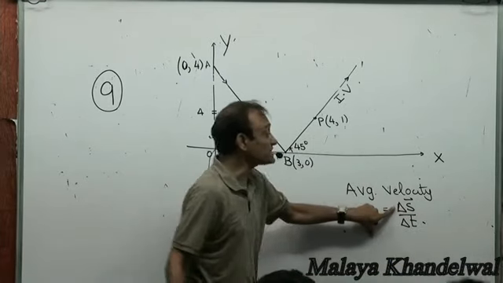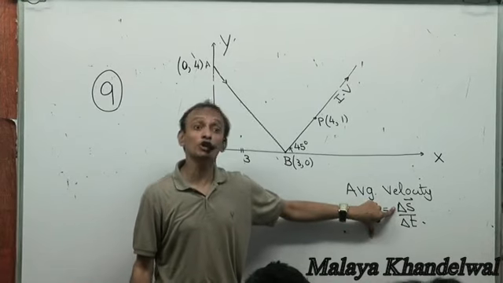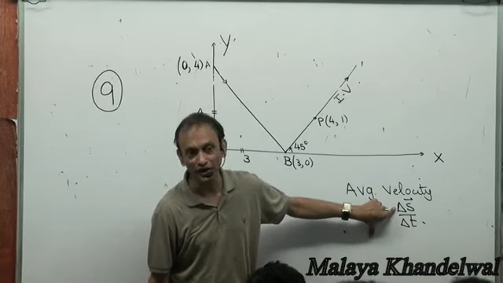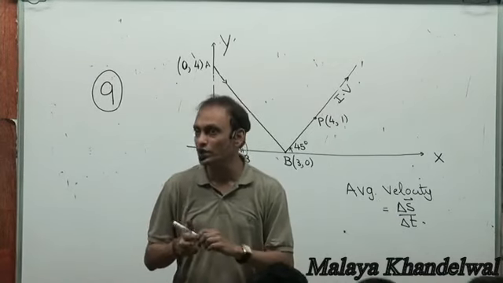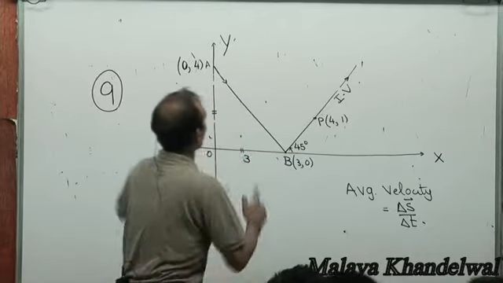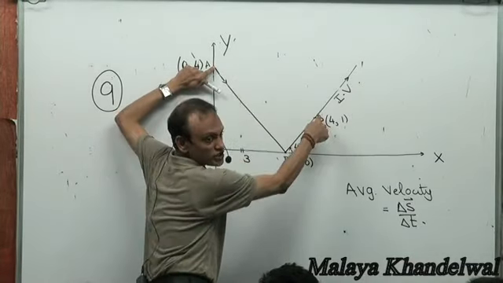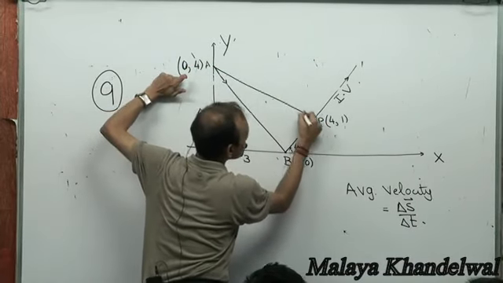That means delta S is the net displacement of the particle, right? It does not depend on the actual path. It depends only on the initial point and the final point. It does not matter what the particle has been doing between the initial and the final points. So when the particle goes from A to P, this might have been the actual trajectory, but it does not matter. The net displacement is this.